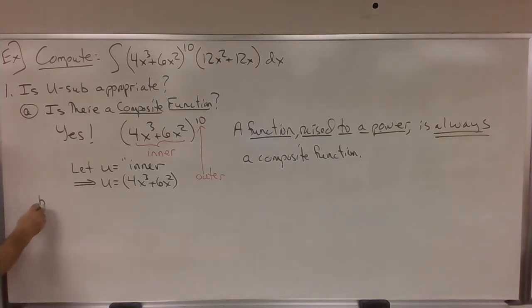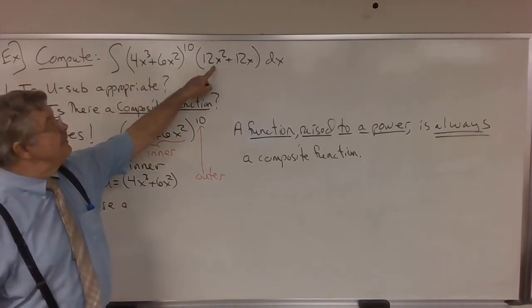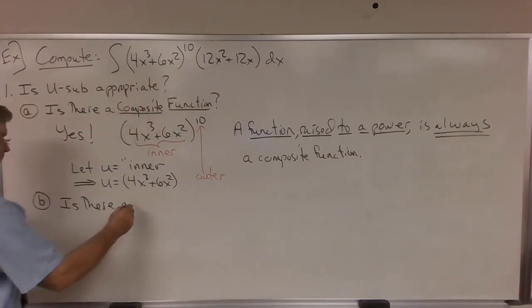Okay. Now our second criterion, criterion B, what was that? Is there a function derivative pair? I think we see one.